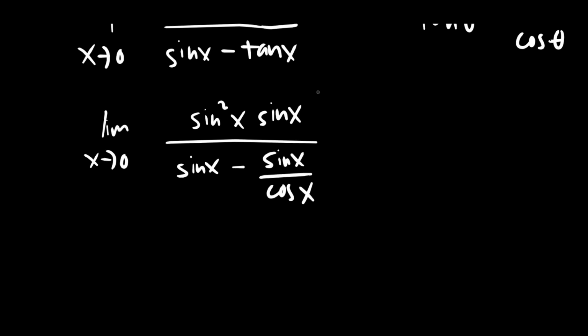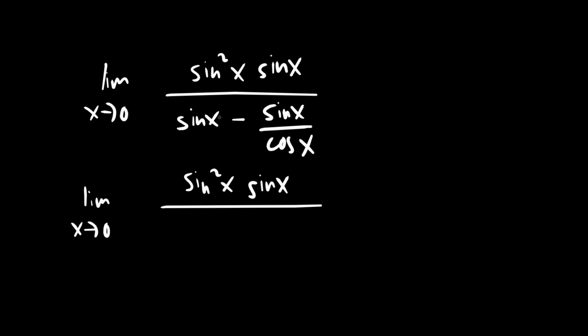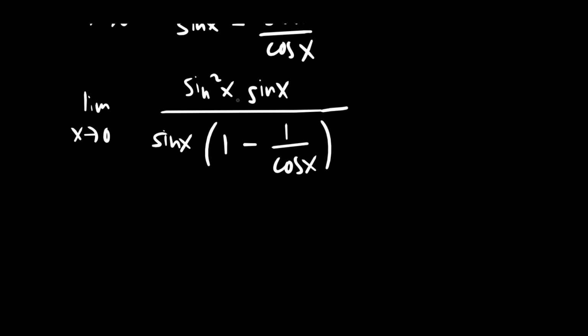Further simplification: limit as x approaches 0. We copy the numerator, sine squared x times sine x, and factor sine x out of the denominator, so sine x multiplied by 1 minus 1 over cosine x. Cancel sine x.